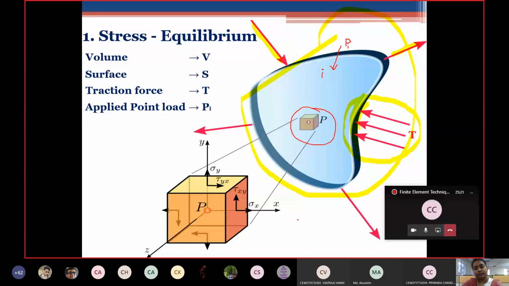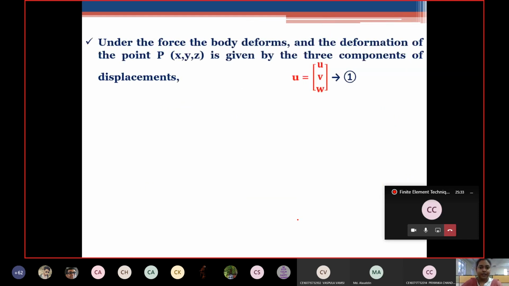Now, for this 3D element, how are we going to derive the stress equilibrium equations is what we are trying to see. For that, what all are the components we are taking into consideration is coming in the points. Please note down the points.